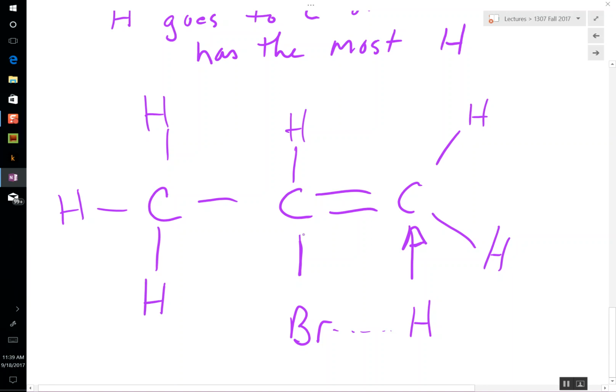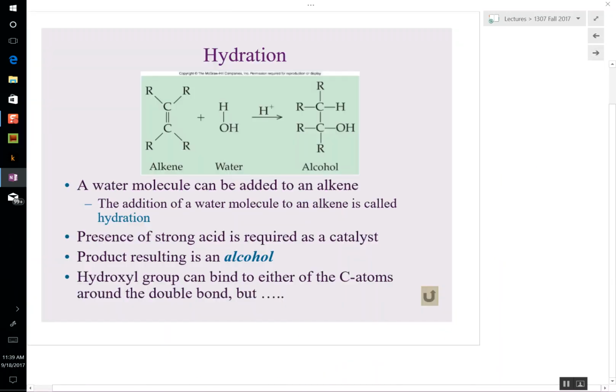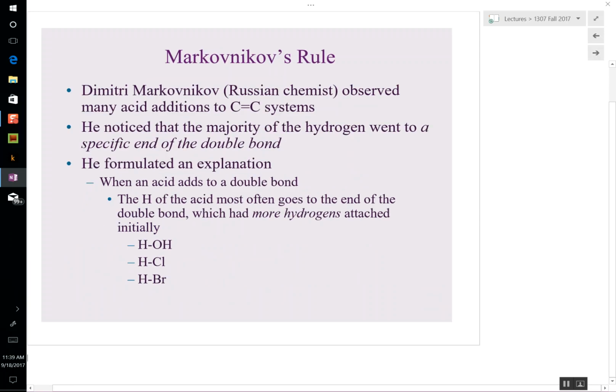All right? And this is Markovnikov's rule. You notice that the majority of the hydrogen went to a specific end of the double bond.